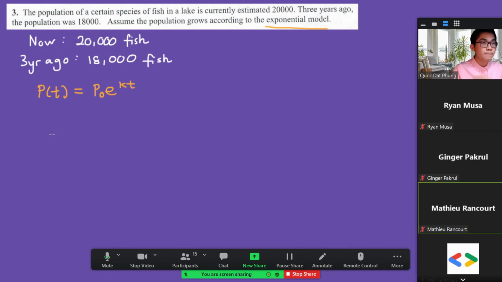That's P0. We have to find k. If you want to get the formula, you need to find k. So we know that 3 years ago, we have 18,000 fish.